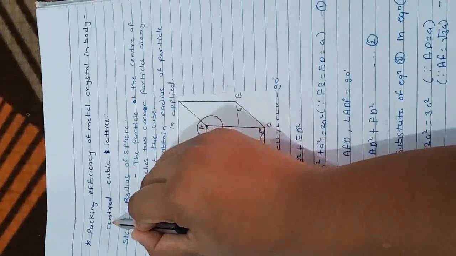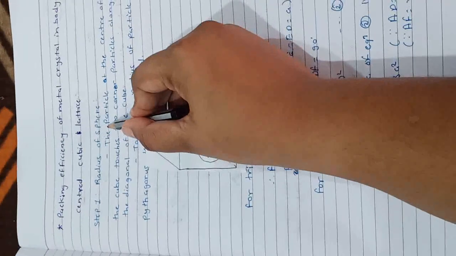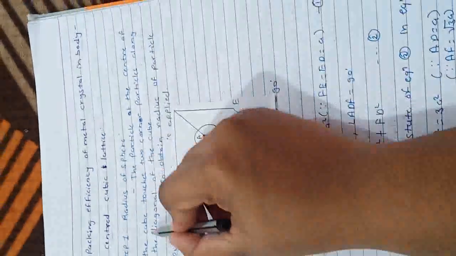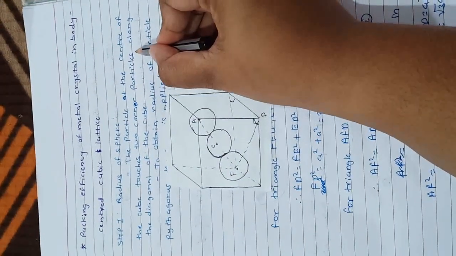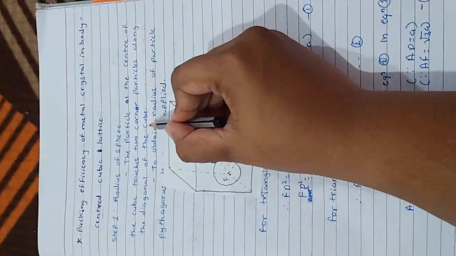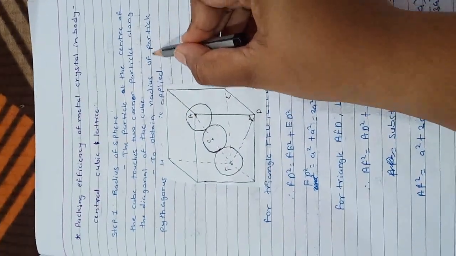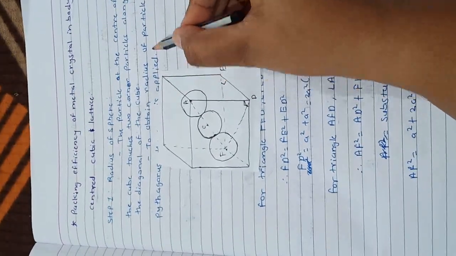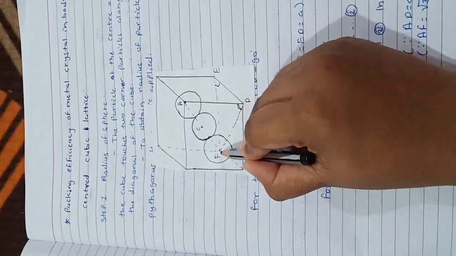Second, packing efficiency of metal crystal in body centered cubic structure. Step 1, radius of sphere. The particle at the center of the cube touches two corner particles along the diagonal of the cube. To obtain the radius of the particle, the Pythagoras theorem is applied.